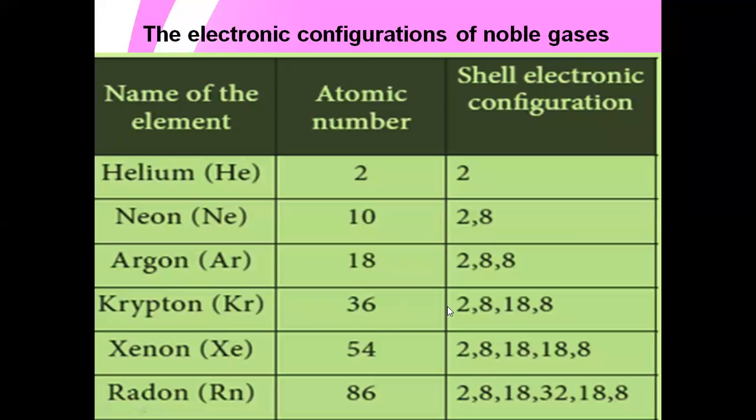Krypton: 36, 2, 8, 18, 8. Xenon: 54, 2, 8, 18, 18, 8. Radon: 86, 2, 8, 18, 32, 18, 8. So all these atoms have 8 electrons in the last shell.